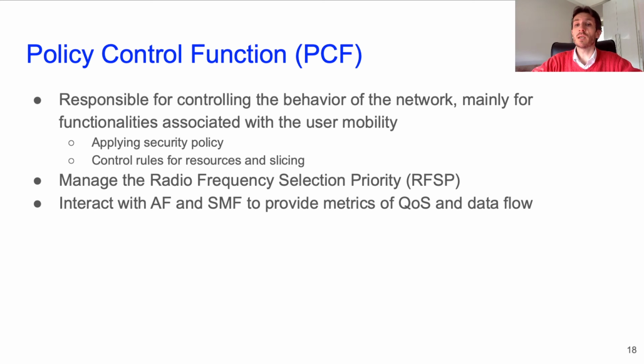Moreover, PCF can include the management associated with radio frequency selection priority. In the session management context, PCF can interact with the application function and SMF component, providing metrics associated with quality of service and information regarding the data flow.